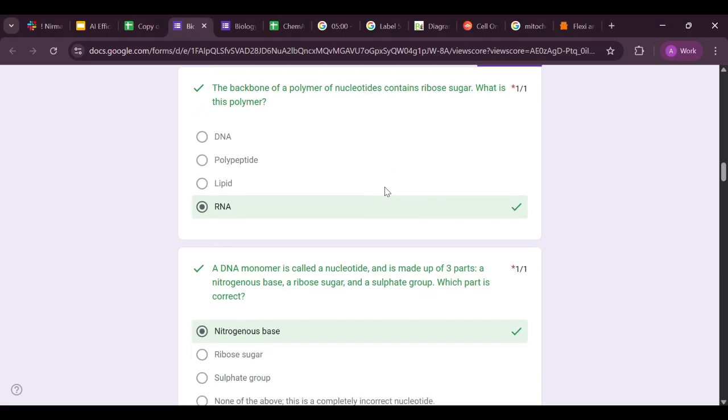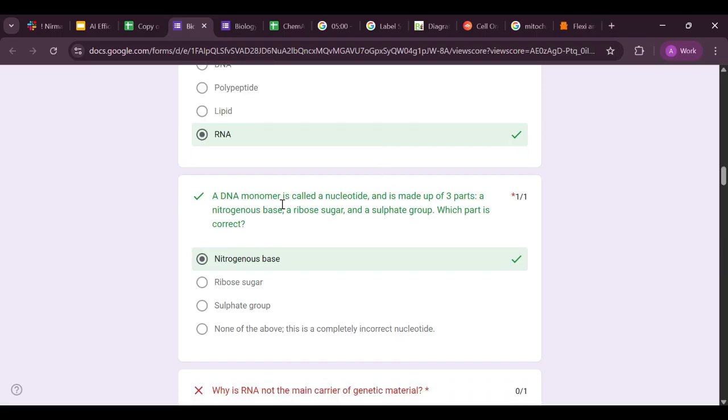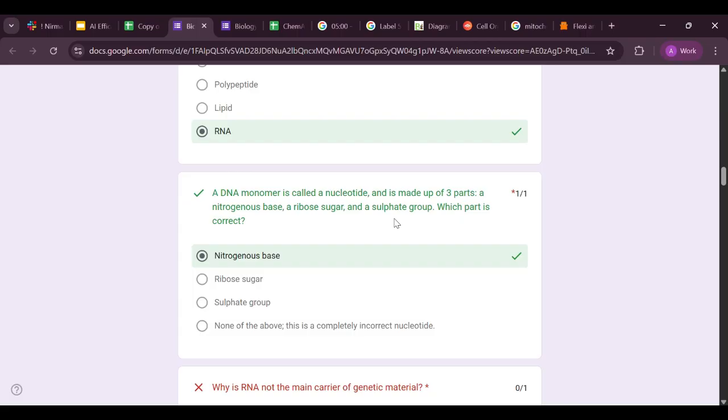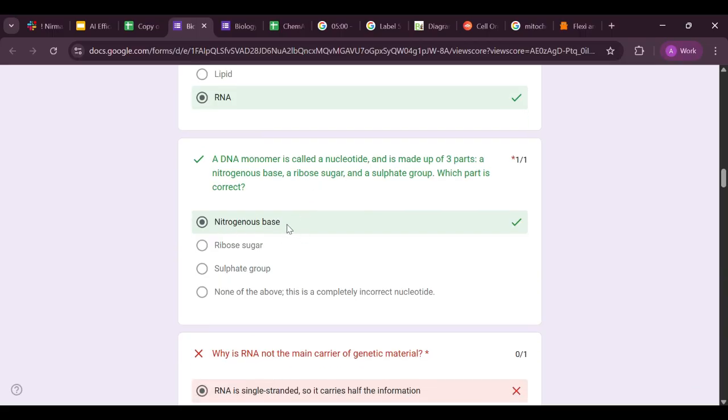A DNA monomer is called a nucleotide and is made up of three parts: a nitrogenous base, a ribose sugar, and a sulfate group. Okay, no, it is not the case. It contains a nitrogenous base, a deoxyribose sugar, and a phosphate group. So the correct option is nitrogenous base.